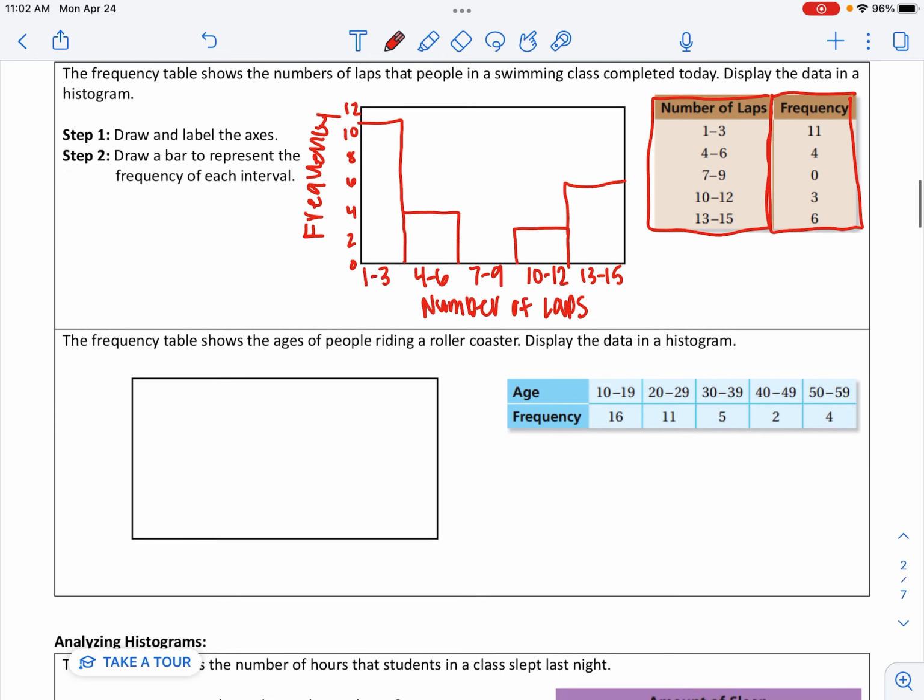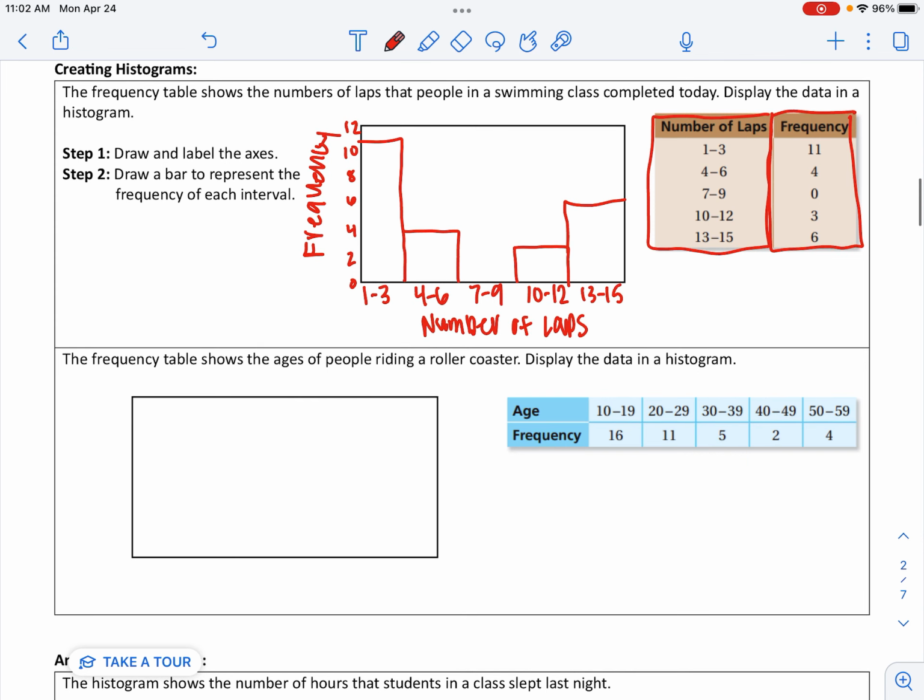All right. Next, we're going to do the same thing, except we are going to use the ages of people riding a roller coaster. So on the left side, I'm going to do frequency. And then on the bottom, I'm going to write ages, but leave room for the intervals.